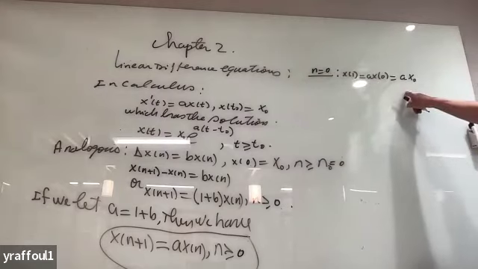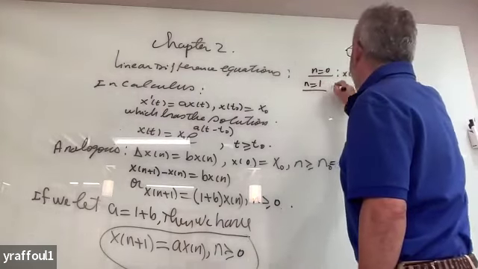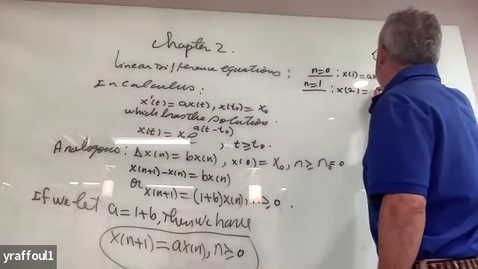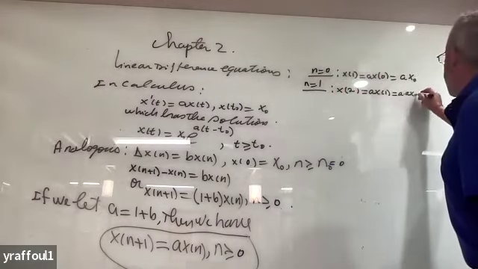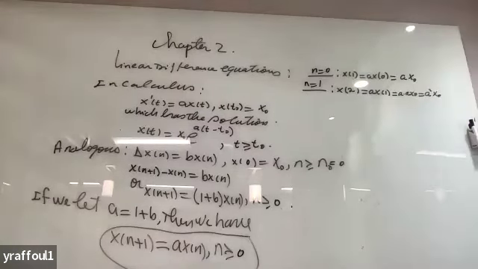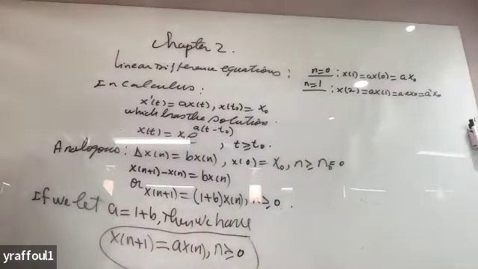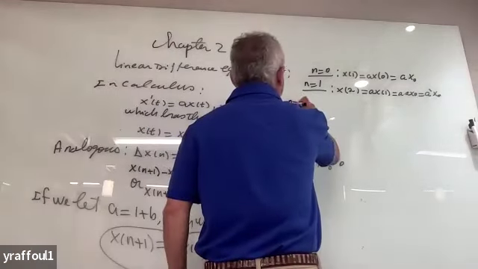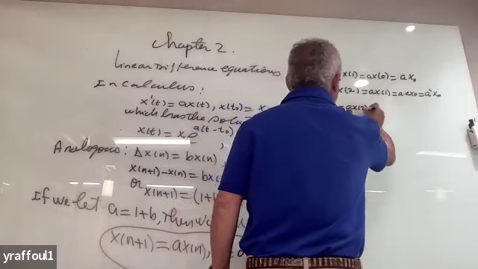Can you see well? Yes. All right. For n equal 1, x2 equal a x1, and that is a times a x0, and that is a squared x0. Correct? Okay. And so for n equal to 2, I got x3 equal a x2.